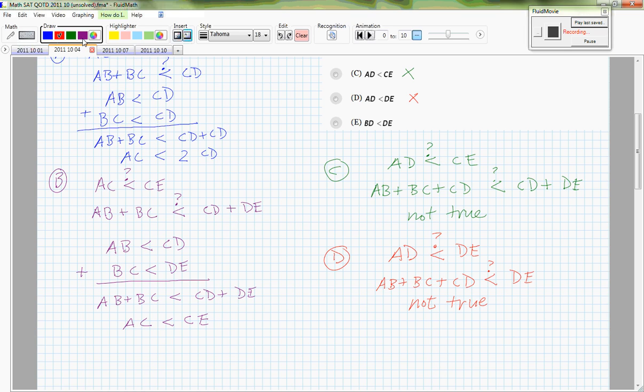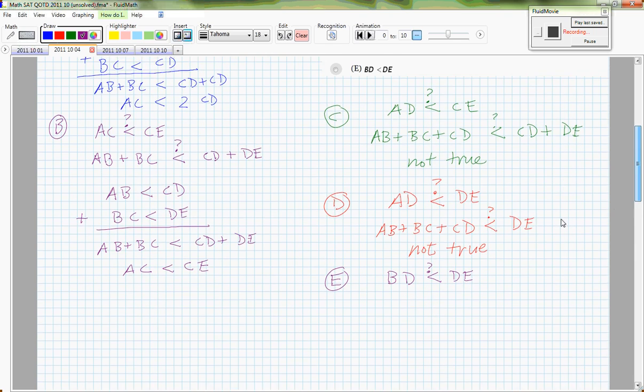Let's try choice E finally, and then we'll be done. Is BD less than DE? Is that true or is that not true? BD is BC plus CD. Is that less than DE? Well, we know that BC is less than DE and CD is less than DE.